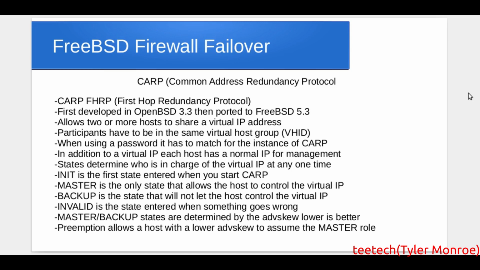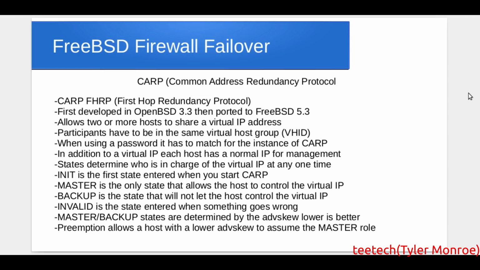Now, preemption in CARP allows a host with a lower advertised SKU to assume the master role. All right? I apologize, it's actually supposed to be higher. My apologies. So the higher advertised SKU assumes the master role, meaning they are sending less frequently, but because they're the best CARP speaker in the group at that moment, they will become the master.